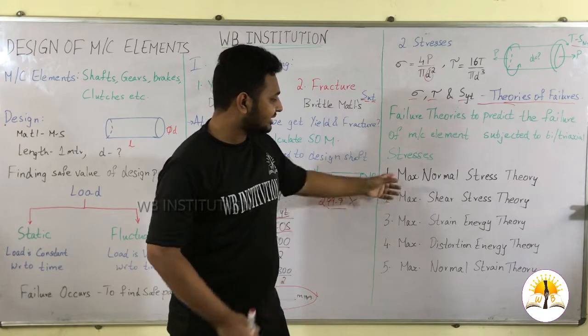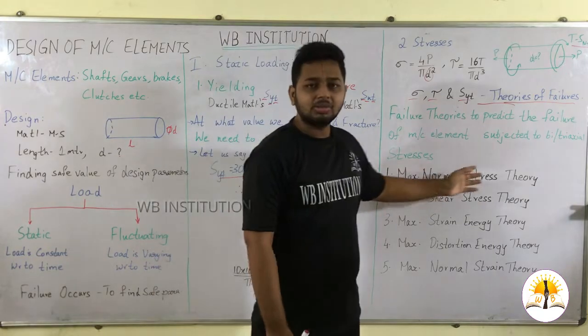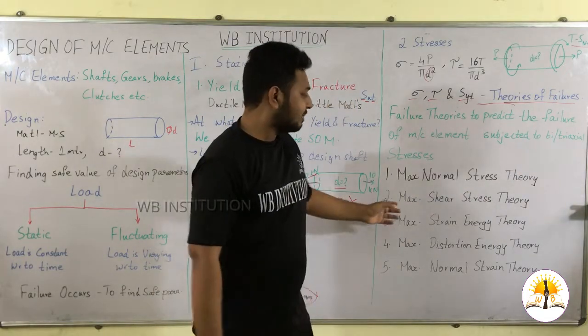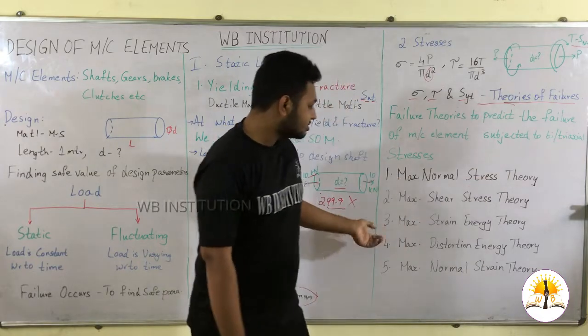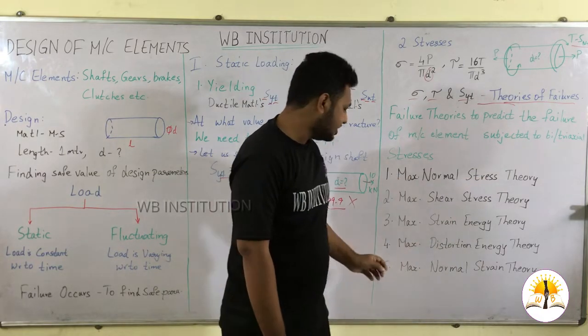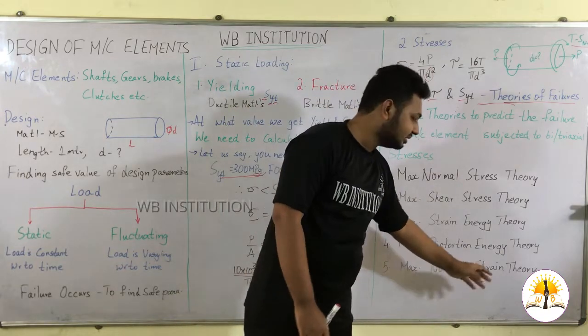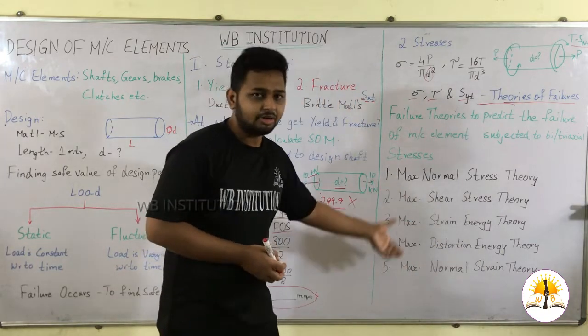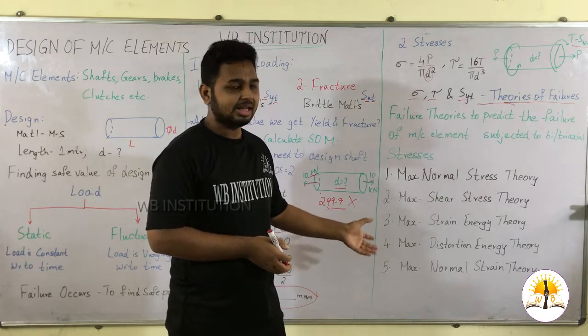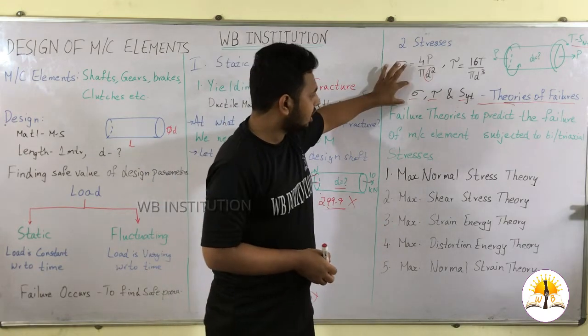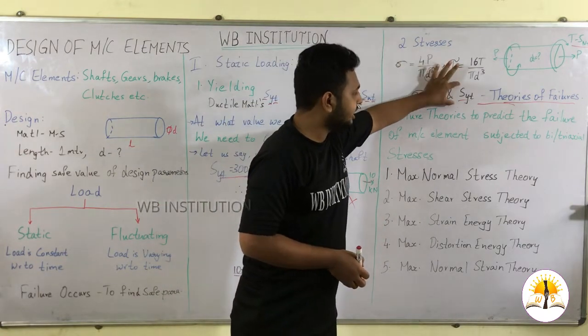The first one is maximum normal stress theory, next maximum shear stress theory, next maximum strain energy theory, maximum distortion energy theory and maximum normal strain theory. Based on these 5 theories of failure, we get the relation between normal stress, shear stress and yield strength.